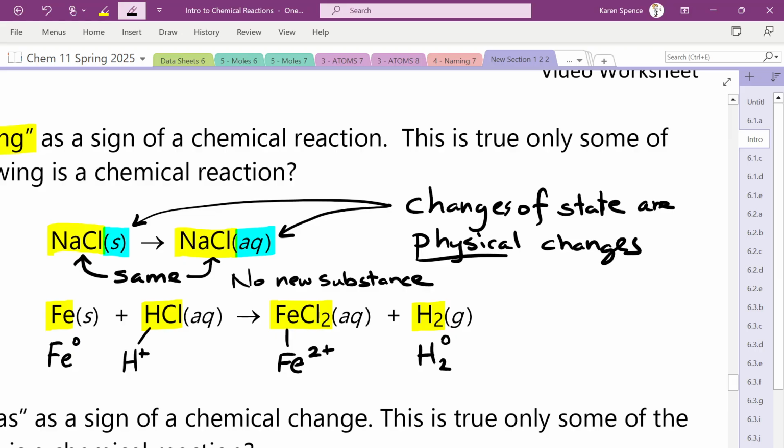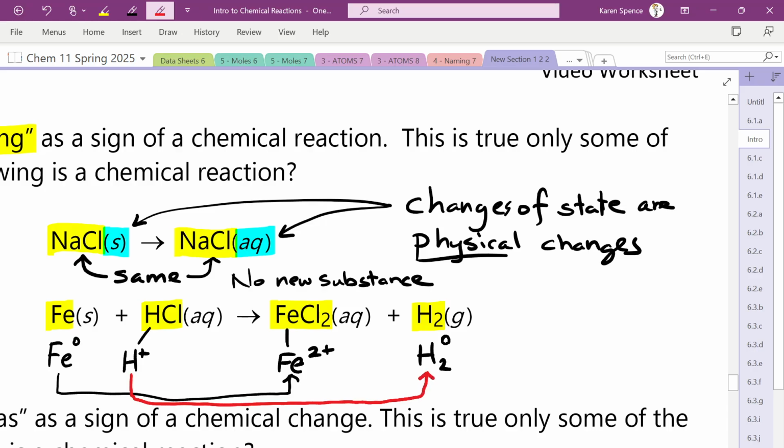So you can see we started with iron 0, and it became iron 2+. We started with hydrogen positive, and it became H2 neutral. So we have electrons transferring from one species to another species, and that's always a sign of a chemical reaction.